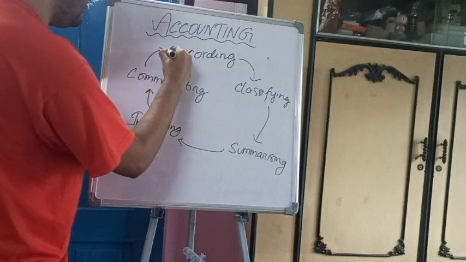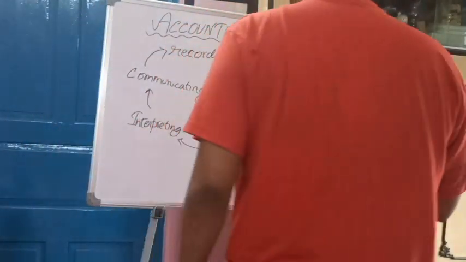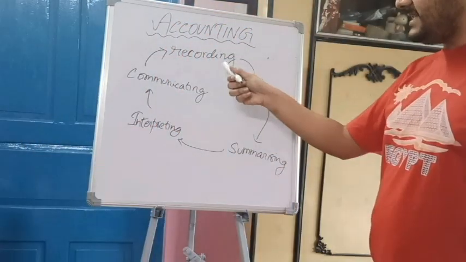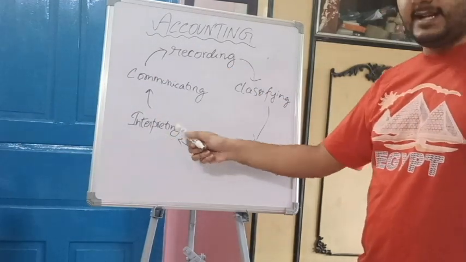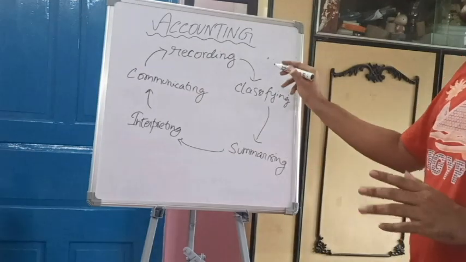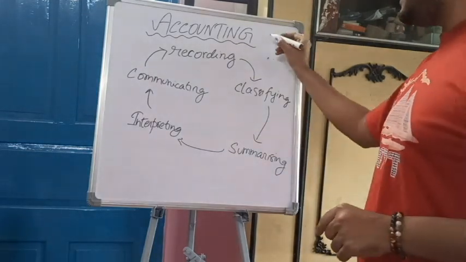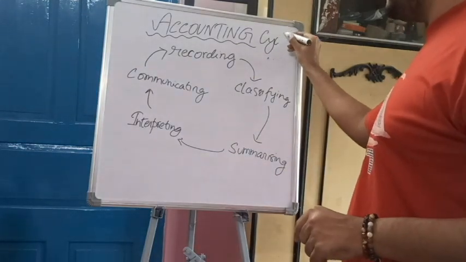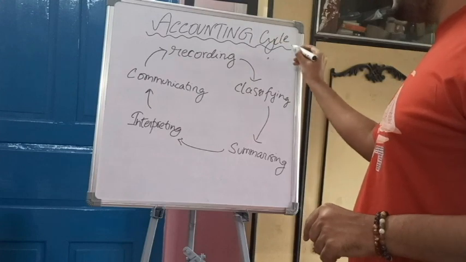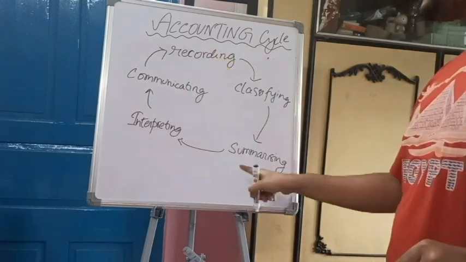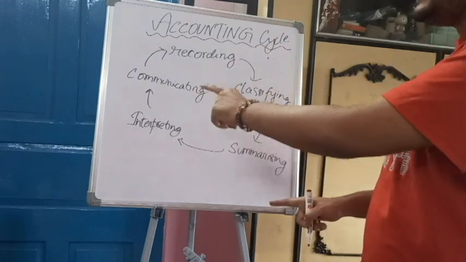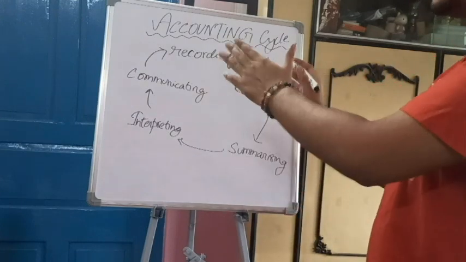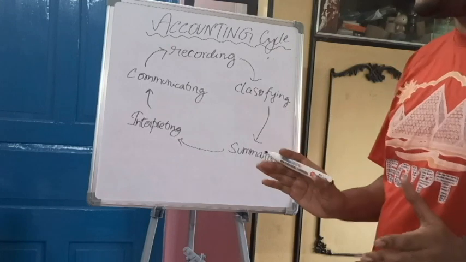And then again it goes here. So this whole process, first is recording, next is classifying, then summarizing, then interpreting, and finally communicating. This whole process we can call the accounting cycle. See, this whole process comes in a full circle, in a full cycle. So this is what is known as accounting.